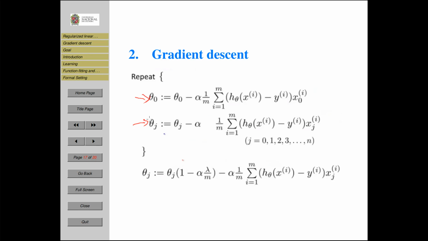It's important to remember why the term theta 0 is treated independently of the others. We should remember that for the regularized linear regression, we penalized just the parameters theta 1, theta 2, and so on, to theta n, but not theta 0.